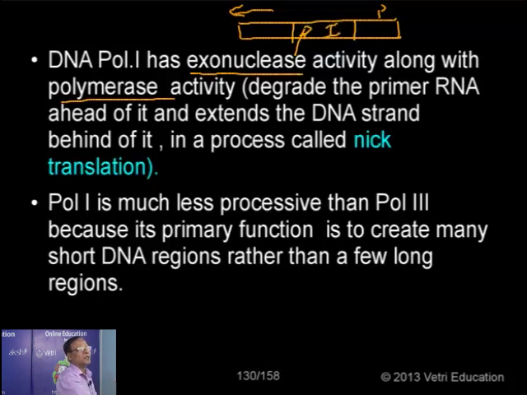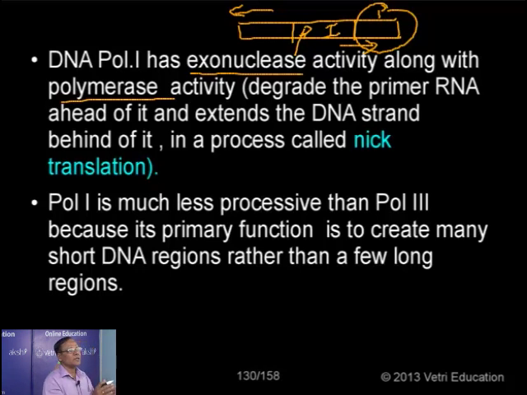This is the anterior part and this is the posterior part. The polymerase 1 enzyme is responsible for degrading the RNA primer, the one present ahead of it, anterior to it. At the same time, it adds nucleotides behind it to the growing DNA strand.